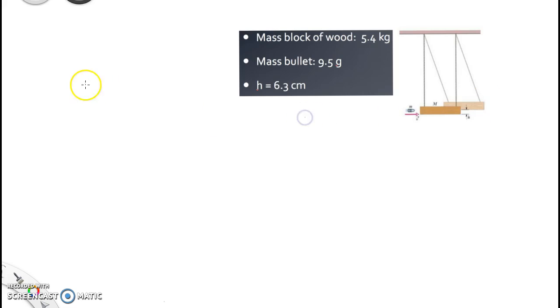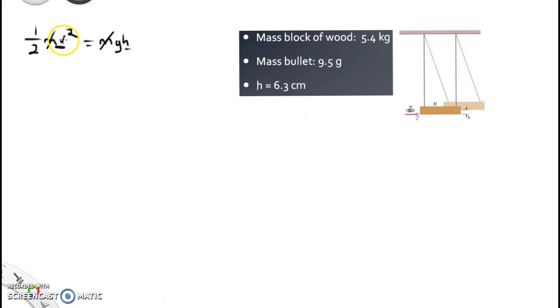So we basically have a transformation of kinetic energy into potential energy. If we know how high this block is going to lift, then we can solve for how fast the bullet and block are moving together after the collision.